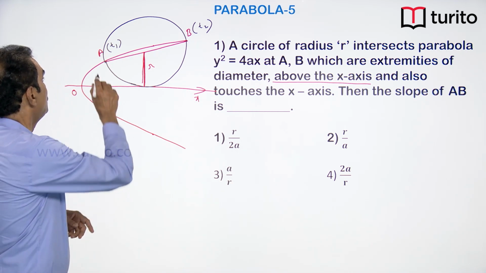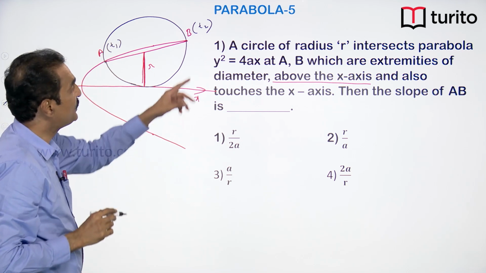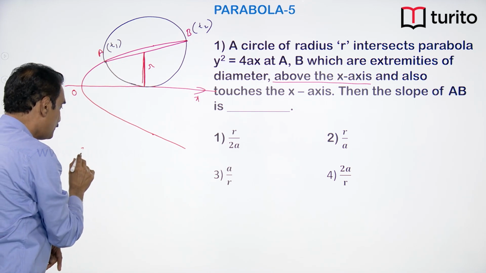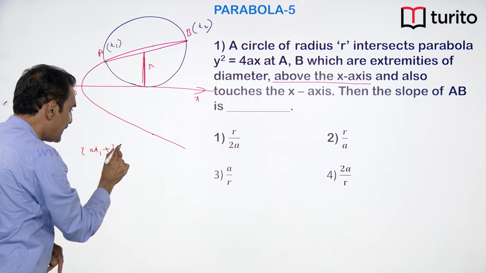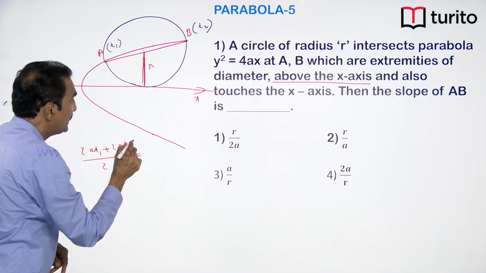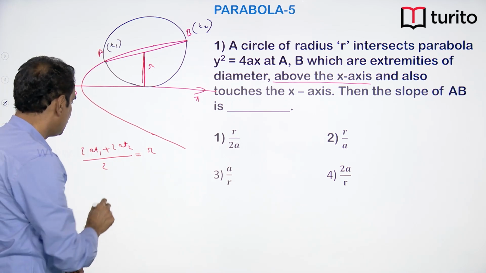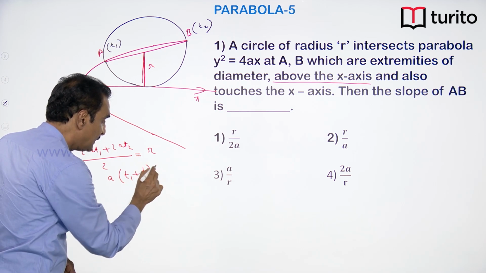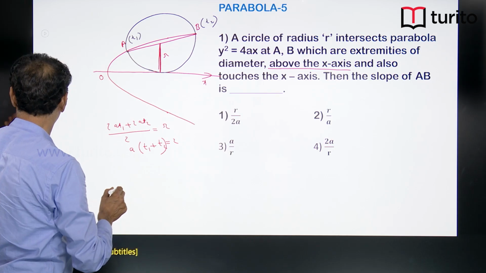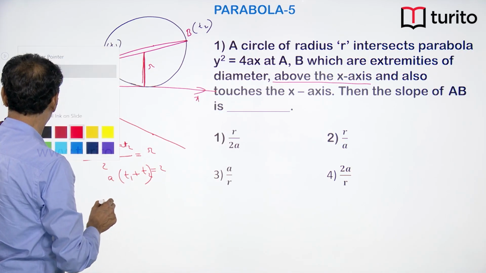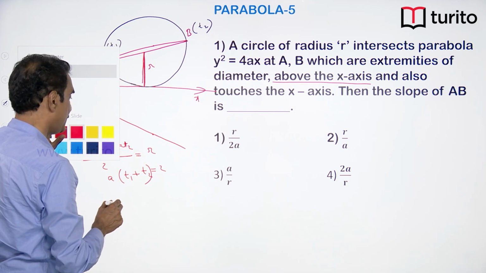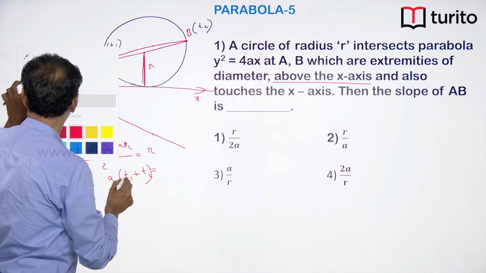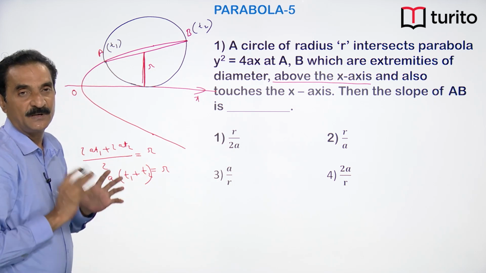The y coordinate of A is 2AT1, y coordinate of B is 2AT2. So, the y coordinate of the center will be (2AT1 plus 2AT2) by 2, equal to R. Then you will get A into (T1 plus T2) is equal to R. Okay, keep it like this.